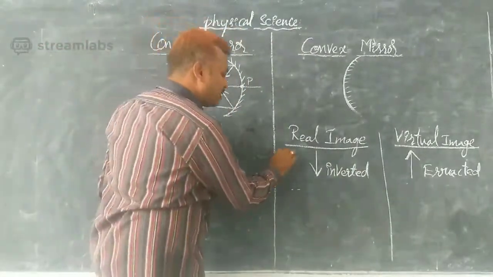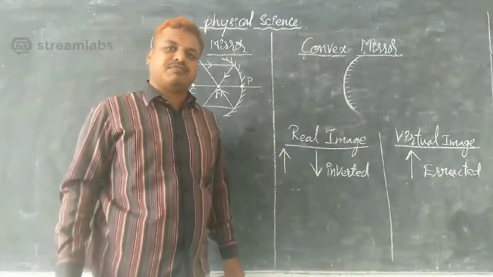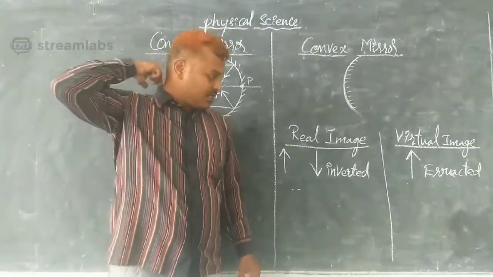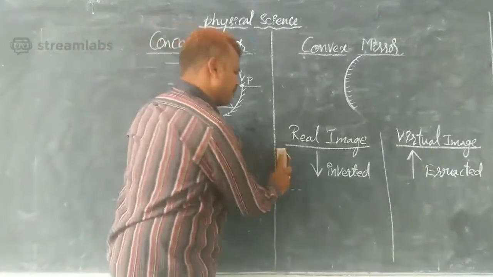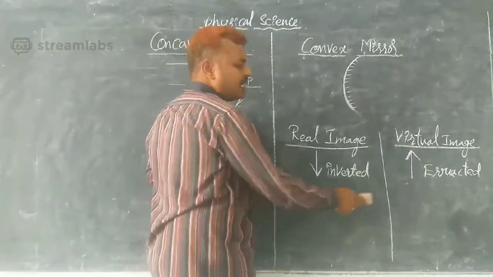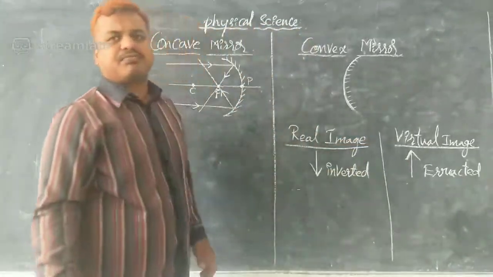So when you place an object like this, you will see an inverted image in the real image. A virtual image is always an erected image.